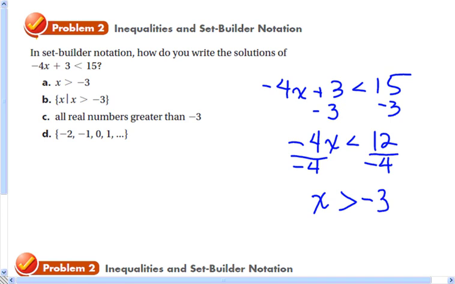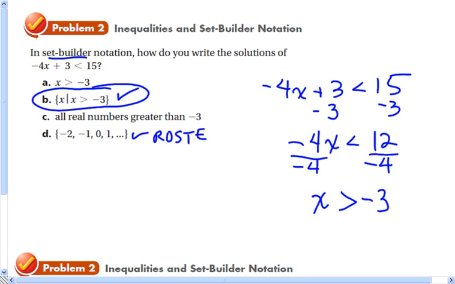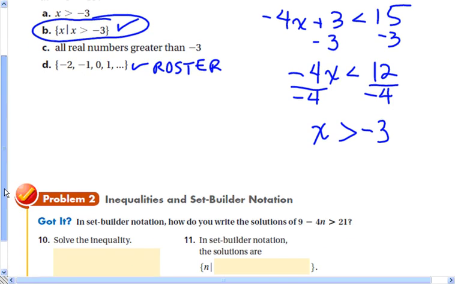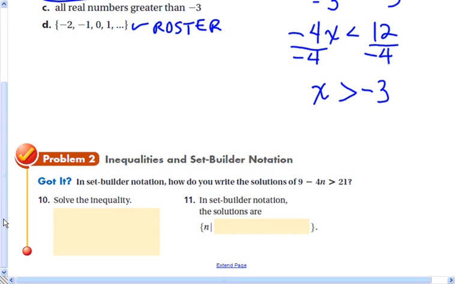So in our set, we want all numbers that are greater than negative 3, but we want it in set builder notation. Set builder notation is this one right here. So it's just recognizing that. This is roster notation here. But we didn't want that. All right. So inequalities and set builder.